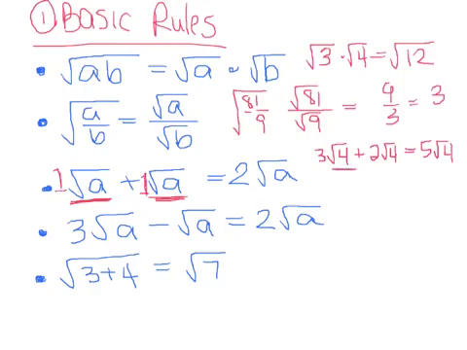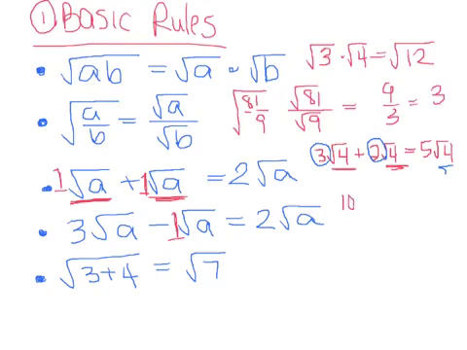So I have the same radical. If I collect like terms, I would add 3 plus 2 is 5, and square root of 4 doesn't change. Same with subtraction. 3 square roots of A minus square root of A, coefficient's 1, is 2 square roots of A. Same if they're numbers.